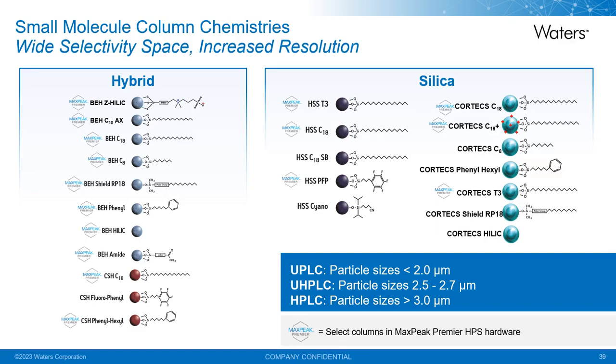There's a lot of different selectivity choices that you see here, and all of these that have this MaxPeak Premier symbol next to them are available in the MaxPeak High Performance Surfaces hardware. And that's meant to eliminate the nonspecific absorption and really give you that better peak shape, better sensitivity, better reproducibility, and just eliminate doubt from your chromatographic separations so you just don't have to worry about that interaction.